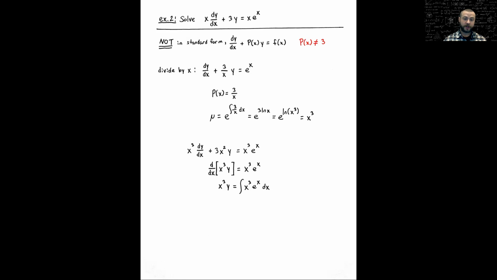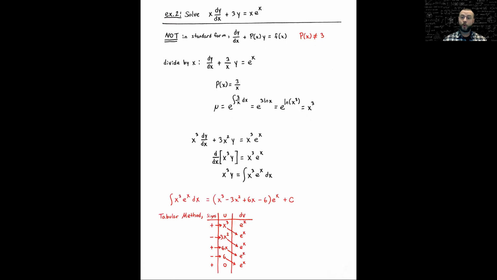Now, the integral of x cubed e to the x, that would actually require you to integrate by parts 3 times. You should be able to do that, but there's a nice shortcut, which I teach in my Calc 2 course, called the tabular method, and the work is right here. It's very useful for repeated integration by parts. And it's very quick. Integration by parts, the normal way, might take several minutes. Here, using the tabular method, several seconds.